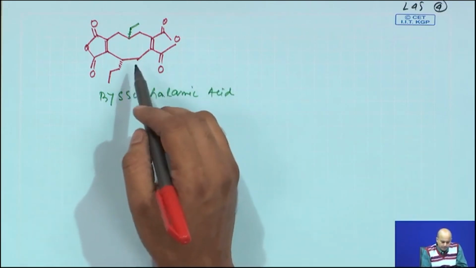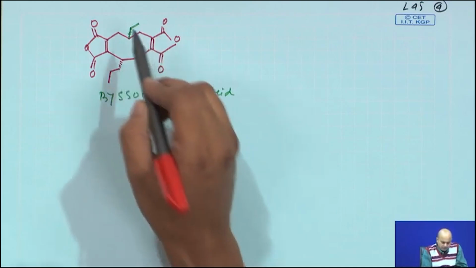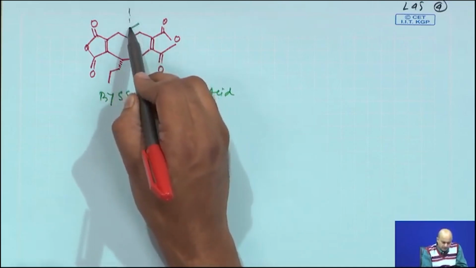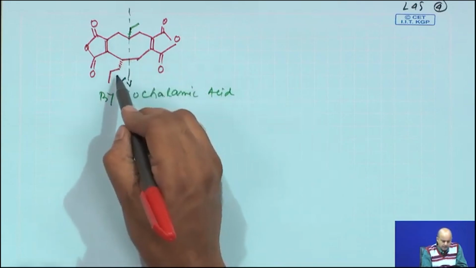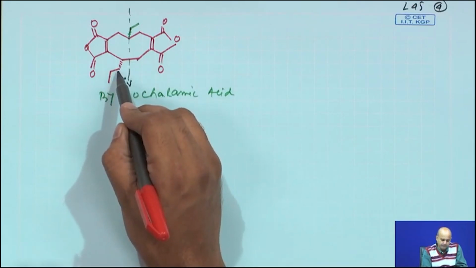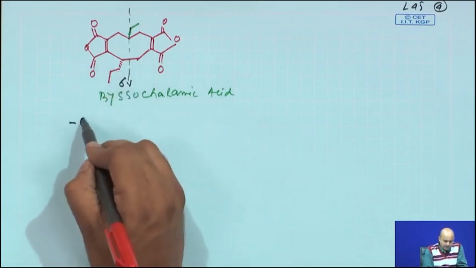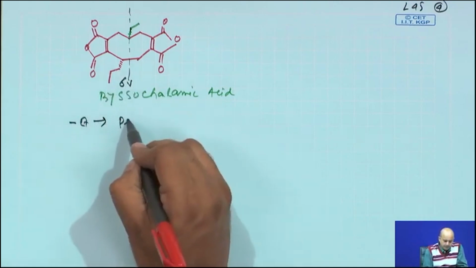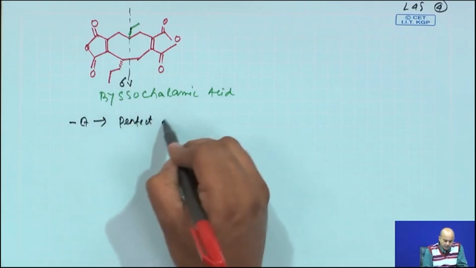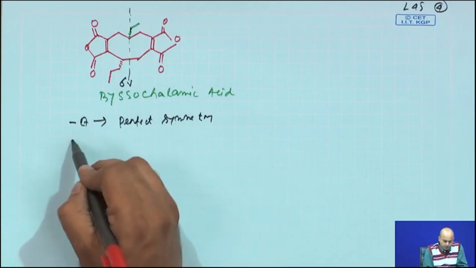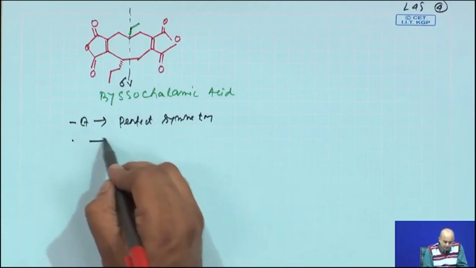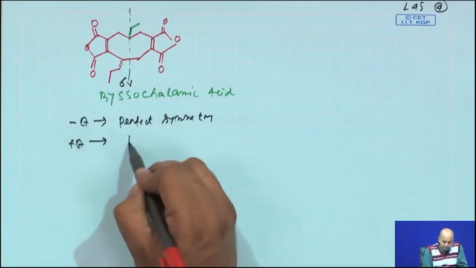Now, if you analyze it, bisocalamic acid should be perfectly symmetrical this way if there is no ethyl group here. So, minus ethyl, the molecule has perfect symmetry. Now, as ethyl is there, the molecule becomes pseudo symmetric.